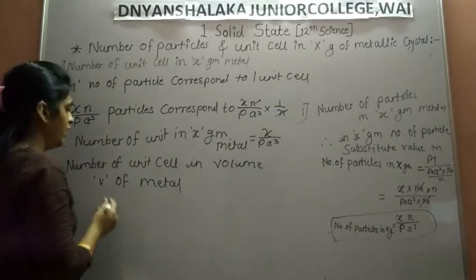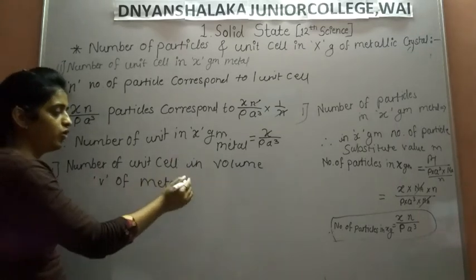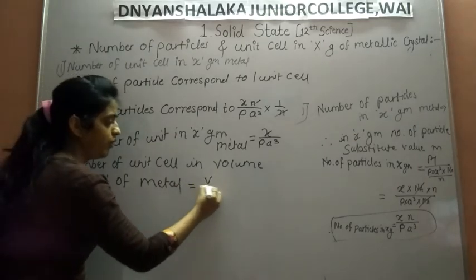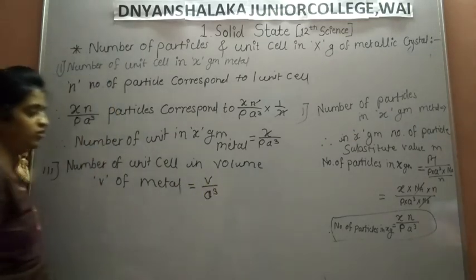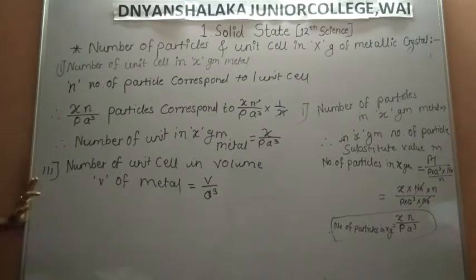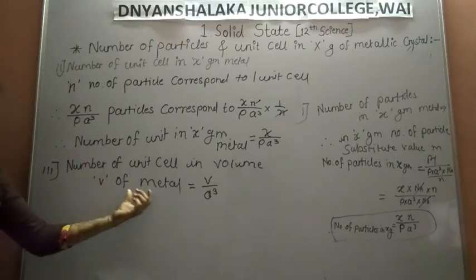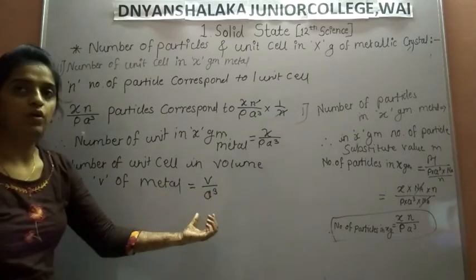So we find the number of unit cell in volume using the V upon A cube formula. So use volume of metal, which is equal to V upon A cube.